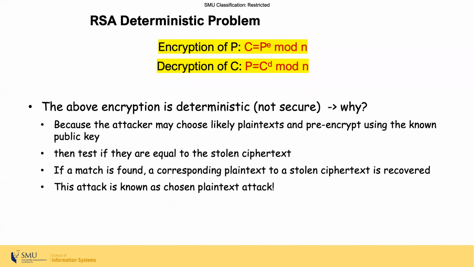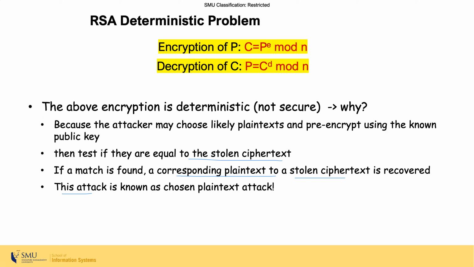So he can select several plaintexts and then encrypt them, so that in the case that he is able to intercept a ciphertext, he can simply compare the pre-encrypted ciphertexts versus the stolen ciphertext. And if he finds a match, then the corresponding plaintext to the stolen ciphertext is discovered. Such an attack is known as a chosen plaintext attack.